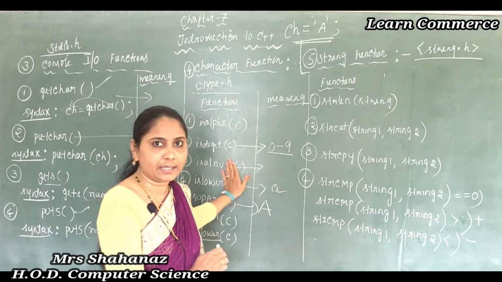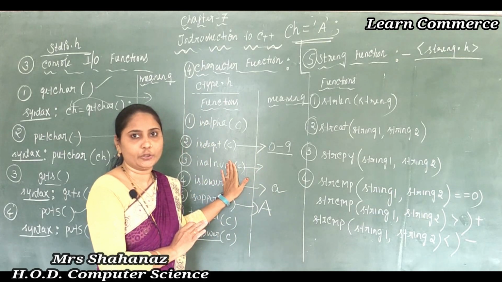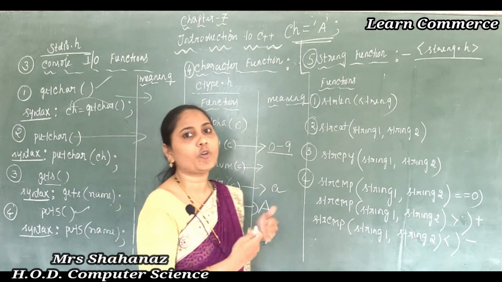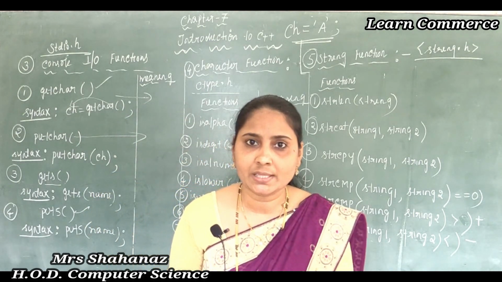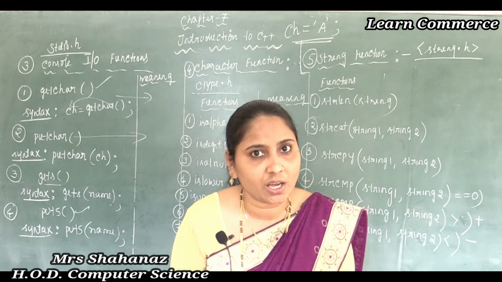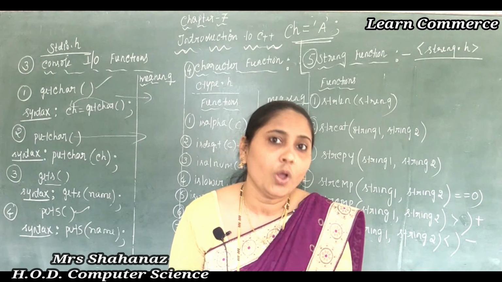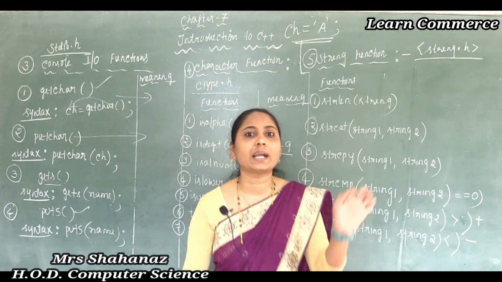Okay, character means we can use only a single character. But what about the string function? What is the meaning of string? String means it is a sequence of characters, and such characters are enclosed by double quotes. Correct? One example we can say is Christ.